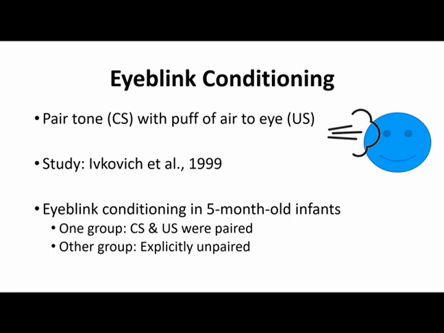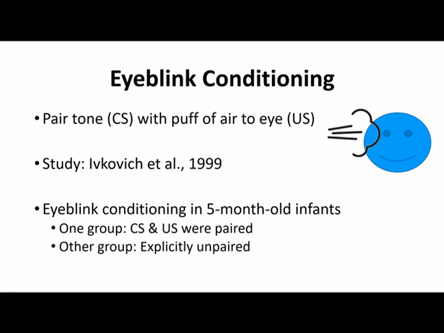The setup for this experiment isn't very much different from other experiments we've talked about already. We have one group, which is going to be our treatment group, where our conditioned stimulus, our tone, is paired with a puff of air to the eyes. The way they did this is that the tone would play, and as the tone ended, there would be a puff of air.